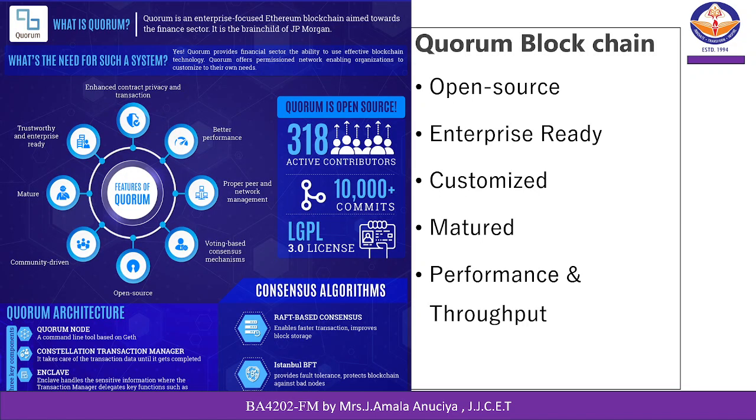Next one, Quorum blockchain. It was created by JP Morgan and utilizes the Ethereum blockchain. The main focus of Quorum is to provide the financial sector with a customized blockchain according to their needs.